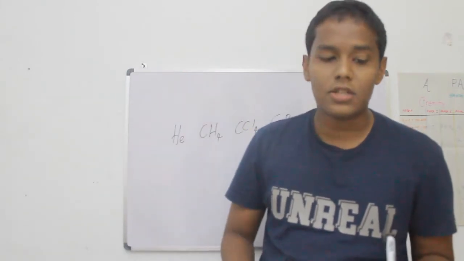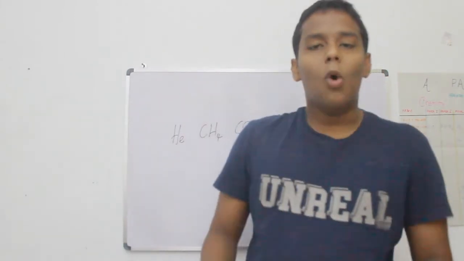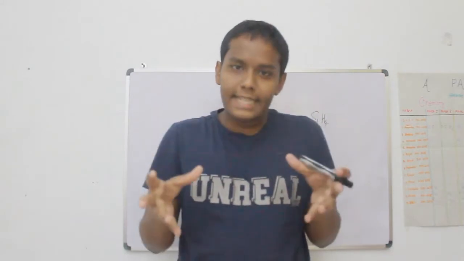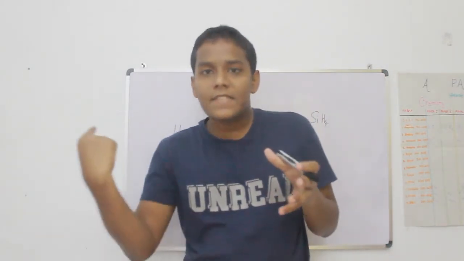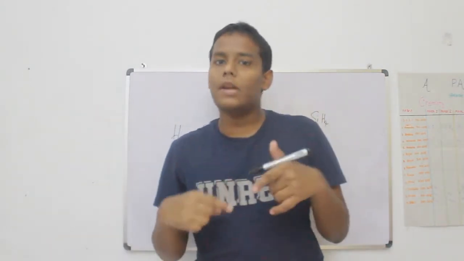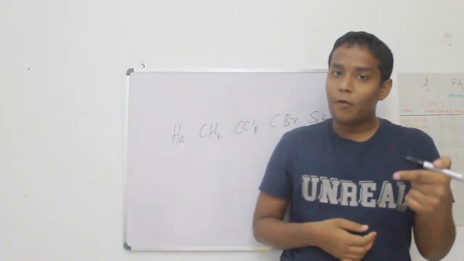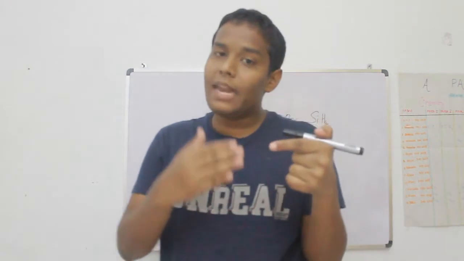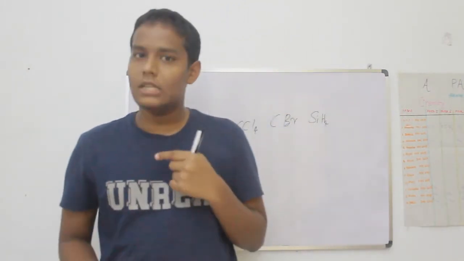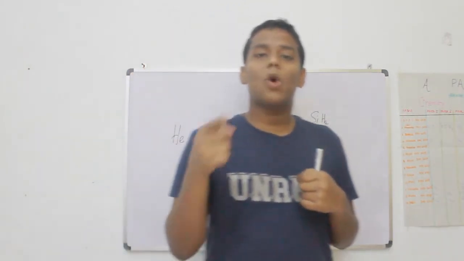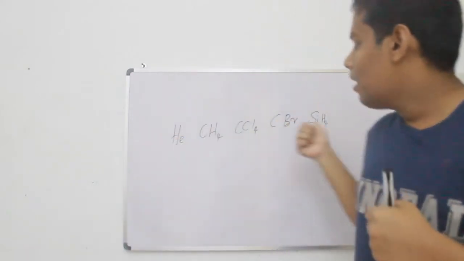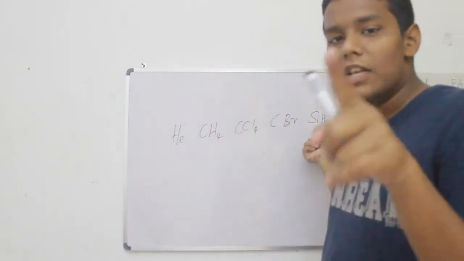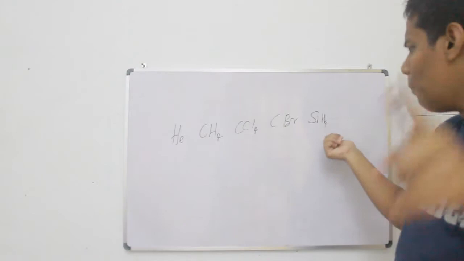You know that when the molar mass of a particular compound increases, the effective surface area increases. So the number of London forces that the molecule can accommodate with the adjacent molecule increases. Thus, boiling point will increase. So the one with the highest molar mass eventually will have the highest boiling point.